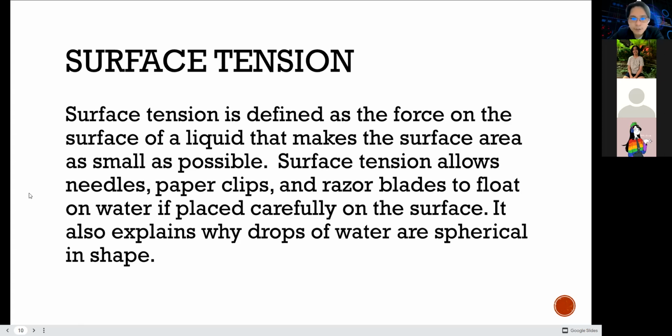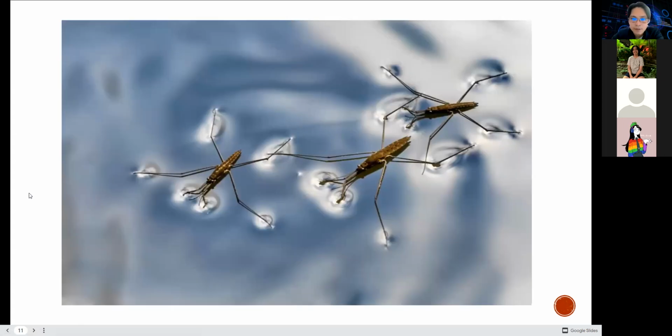Your needles also, have you tried carefully placing a needle in the water? A needle can actually float because of surface tension. Some insects and some animals also have the capability of using surface tension.